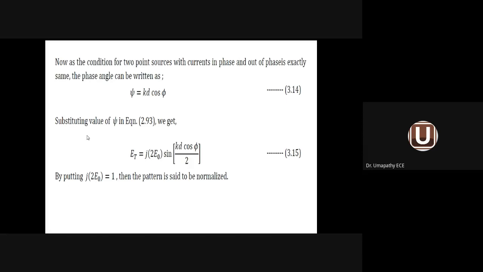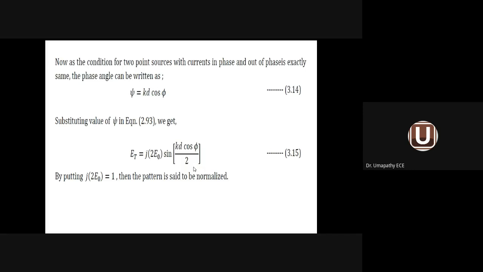Now psi equals kd cos phi. This we have already seen. I am substituting the value of psi in the angle part. So ET equals j2E0 sine of kd cos phi divided by 2. When I put j2E0 equal to 1, I will get the normalized pattern. You know the meaning of normalized pattern, dividing by the maximum value. So the normalized value of ET equals sine of kd cos phi by 2.